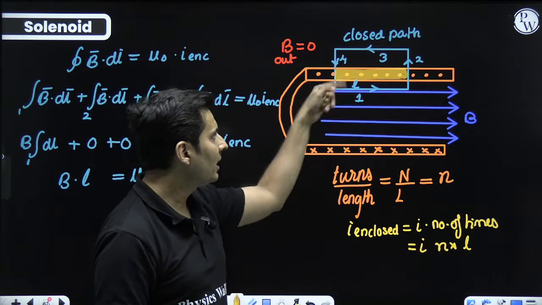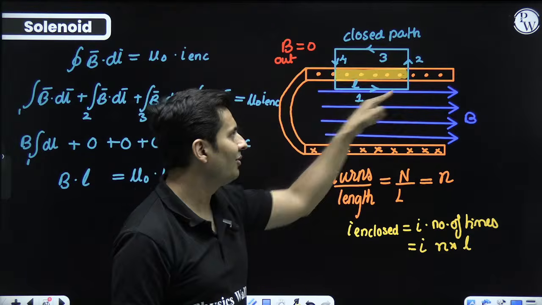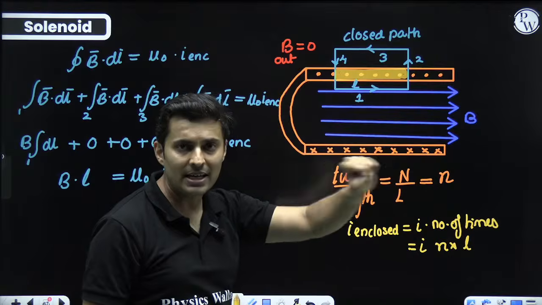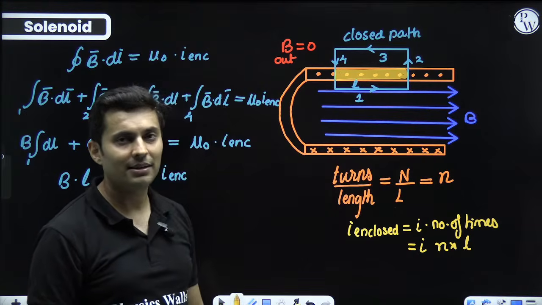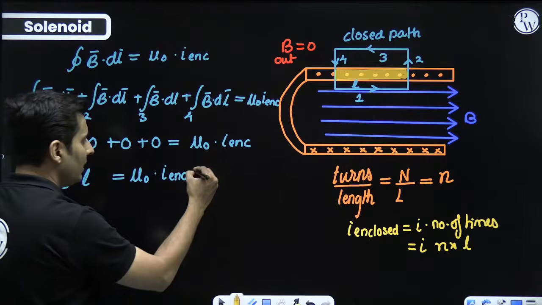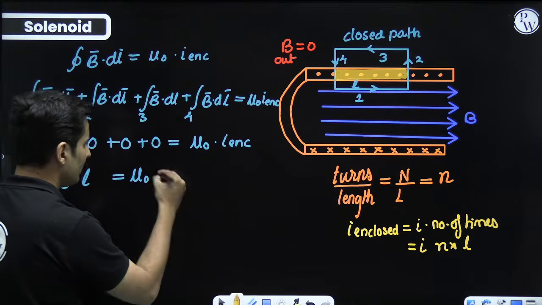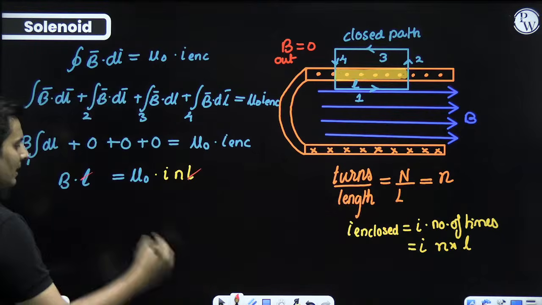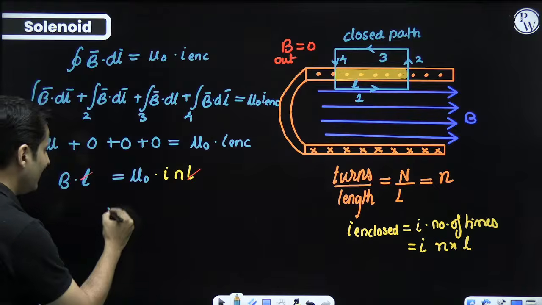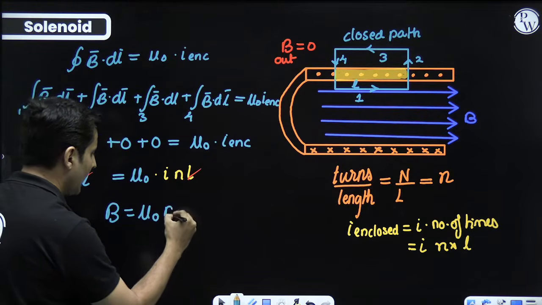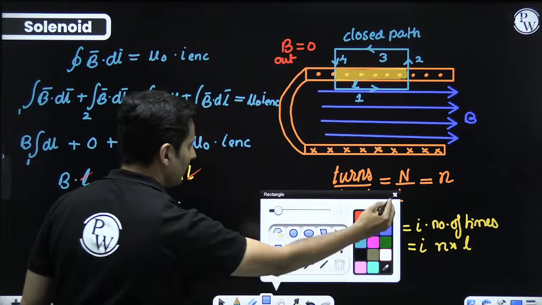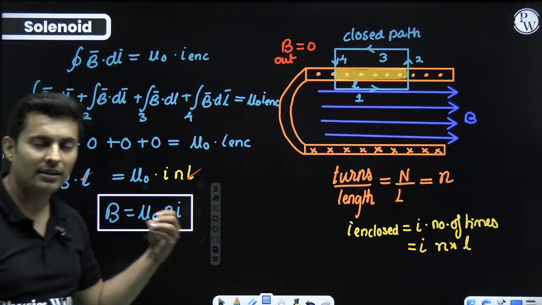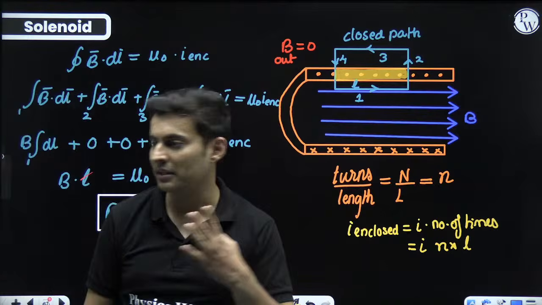Per meter, how many turns there are, times the number of meters, gives the total number of wires times the current entering or exiting. That's it. So instead of I enclosed, it makes sense to just put I, n and L. Hence this L and this L got cancelled and we get mu naught n I. Now please remember this formula. The magnetic field inside is mu naught n I and it is a constant. It is not dependent on any distance like R or anything.